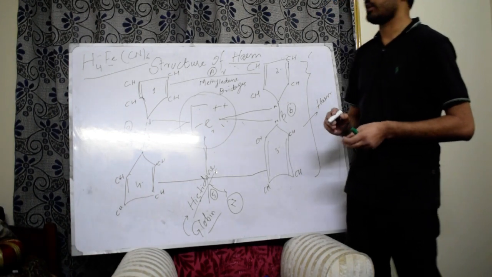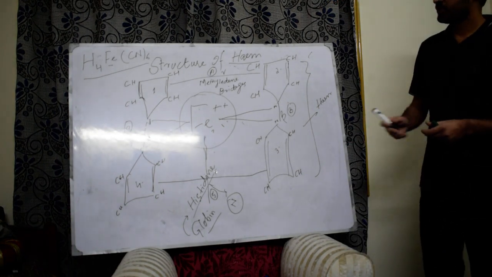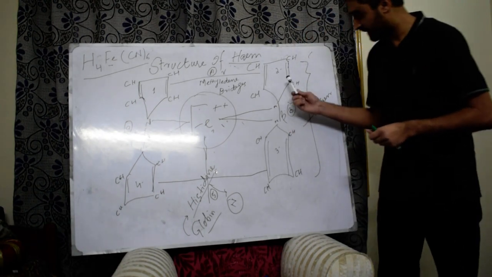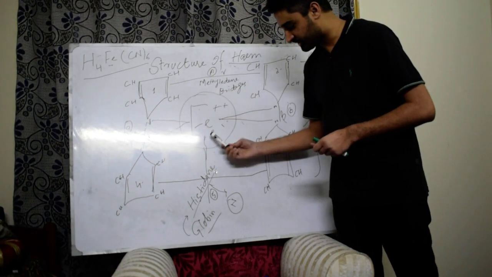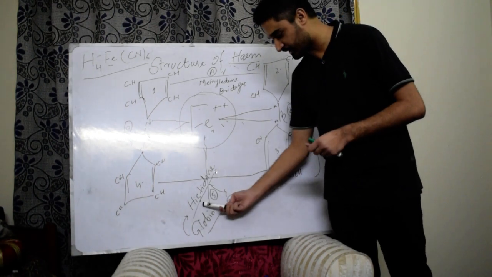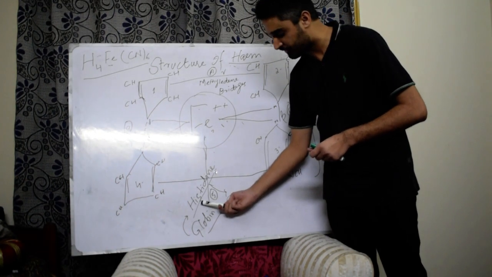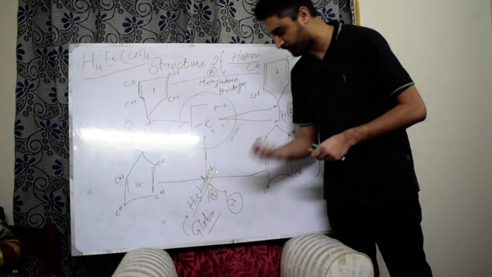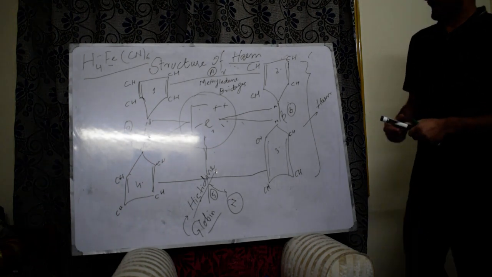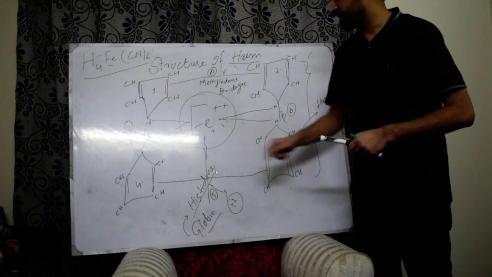So iron is attaching itself with 4 nitrogens in the 4 pyrrole rings, and with a 5th nitrogen. This nitrogen is present in the histidine molecule, which is incorporated in the globin. So this is the 5th valency of this iron.